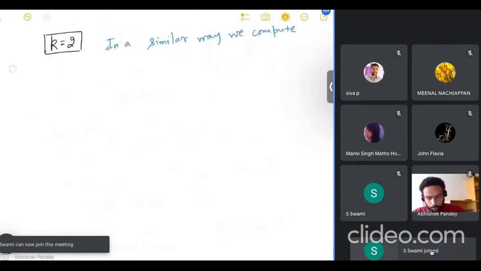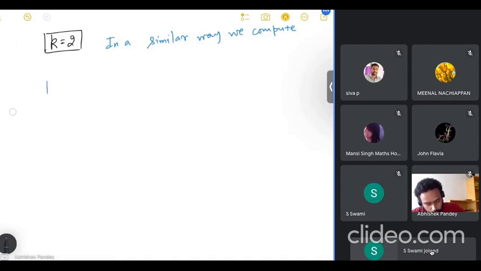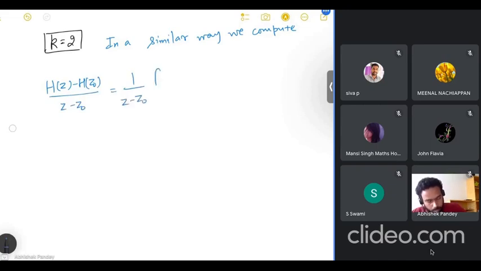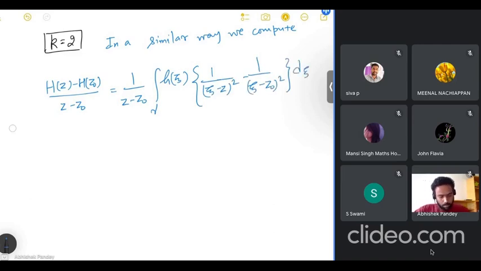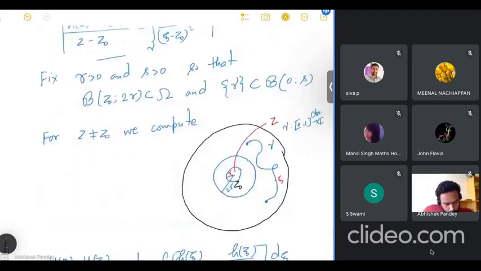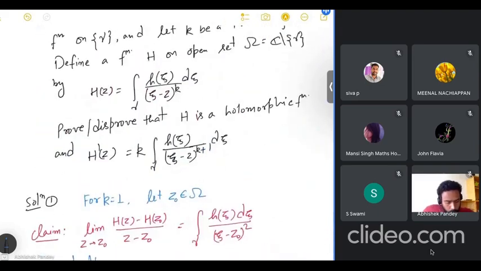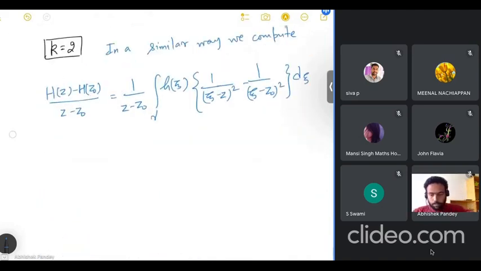So this is now h of z minus h of z naught upon z minus z naught, equal to 1 upon z minus z naught times the integral over gamma of h of xi times 1 upon (xi minus z) whole square minus 1 upon (xi minus z naught) whole square. Yeah, so this is fine.